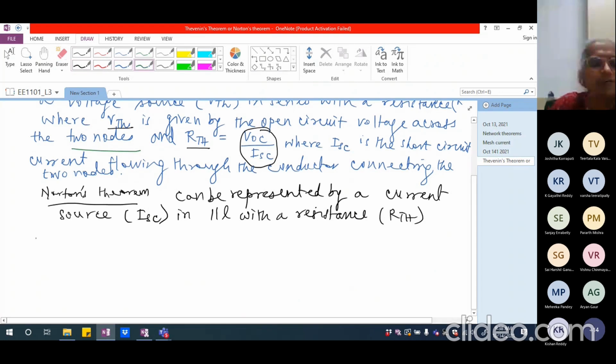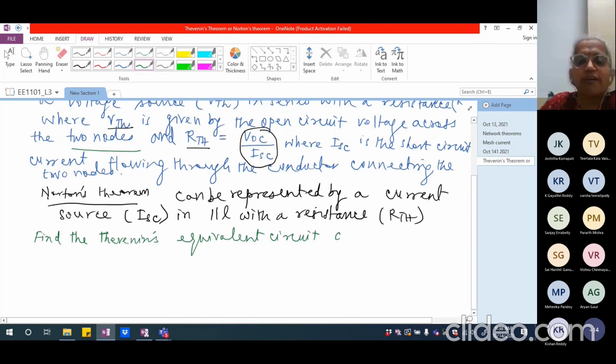Find the Thevenin's equivalent circuit across AB for the following network.